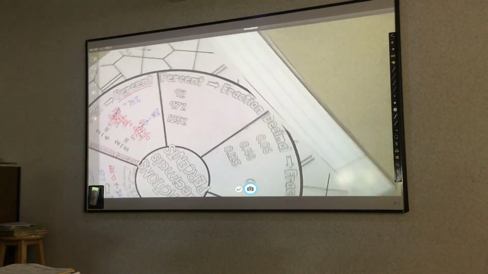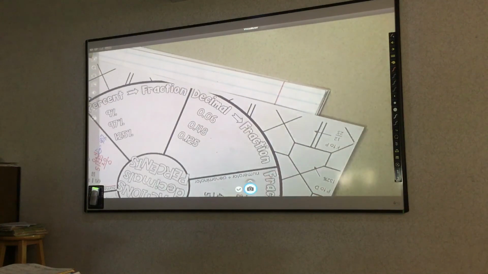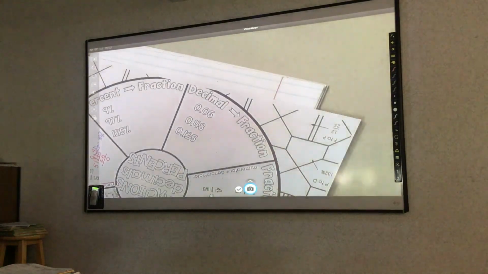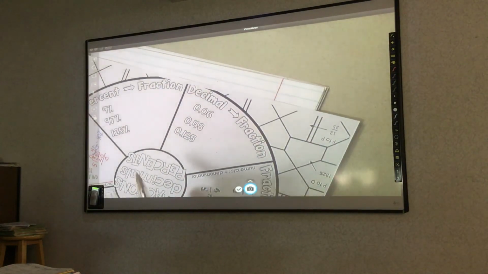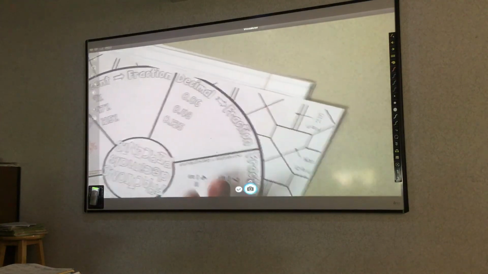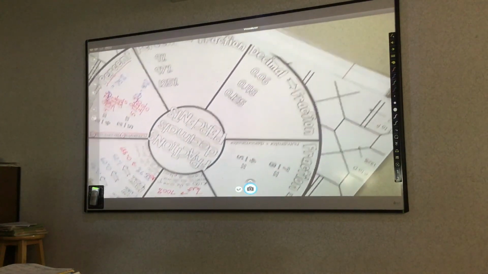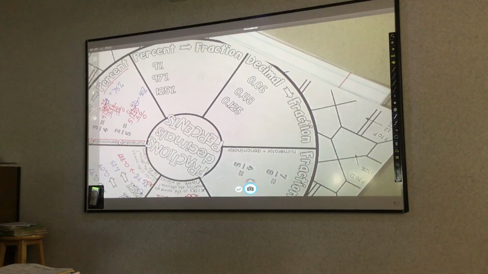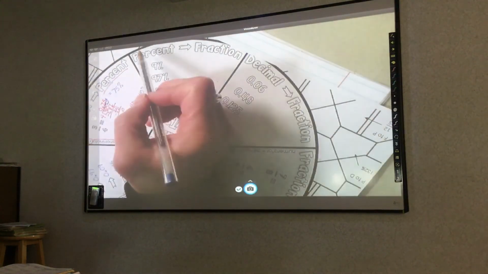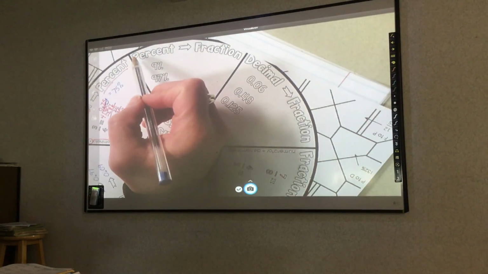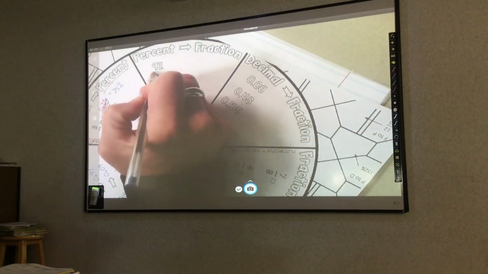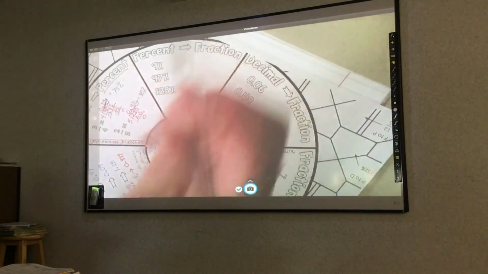Now we're going to take a percent to a fraction. When I get anything as a percent, yes, nowadays you can get more than 100%, but what do we consider a whole? 100%, right? So for a percent to a fraction, you put the percent over 100.